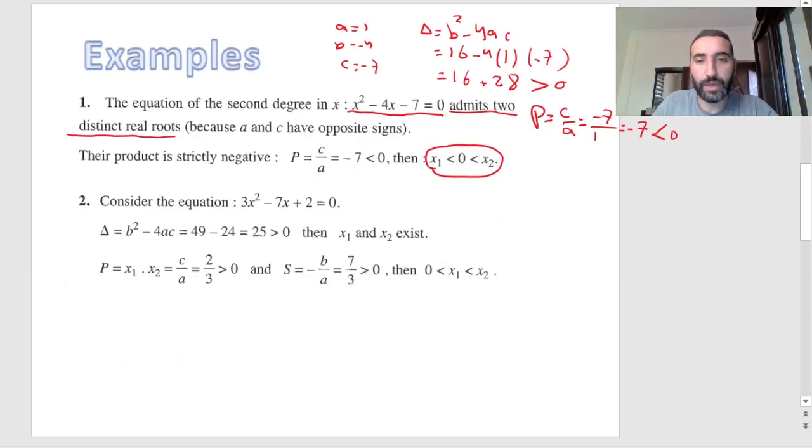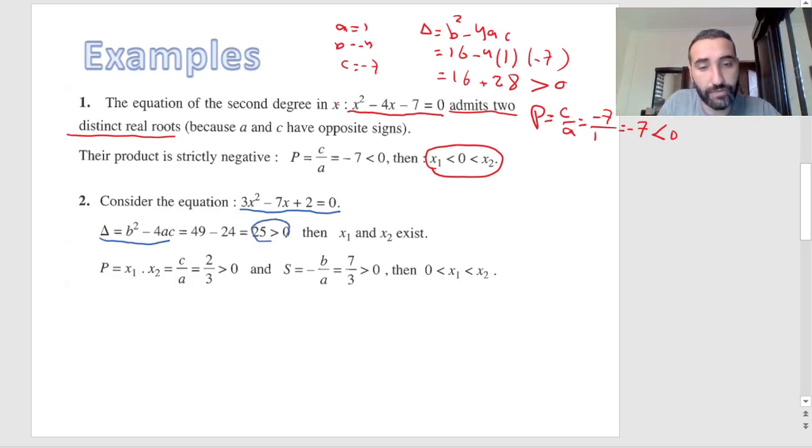We finished right away. We take x1 less than 0 less than x2 without going to the calculator and without finding the roots at all. Okay. Now in the second example, consider the equation 3x squared minus 7x plus 2. Delta equals b squared minus 4ac equals 49 minus 24.